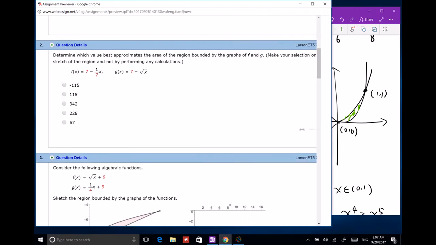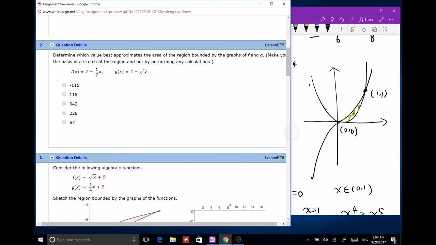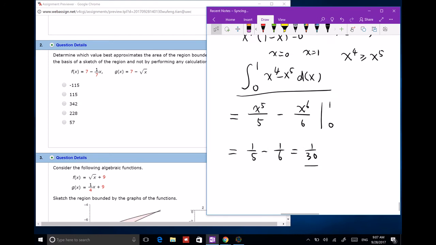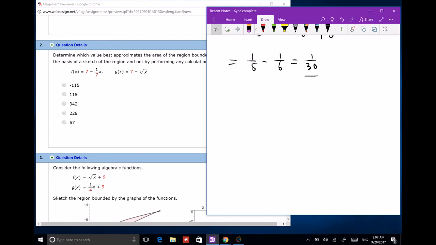Next one. Determine which value best approximates the area of the region bounded by the graphs of f and g. So this one is going to be very similar to what we did for the one above.